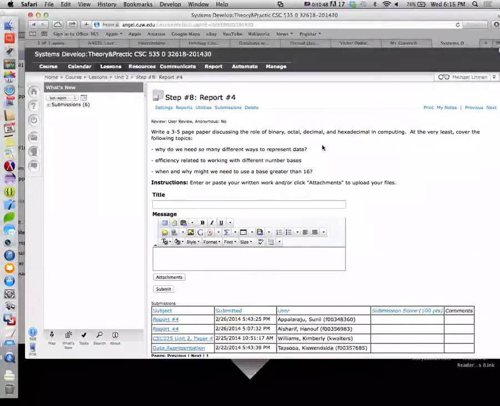Human beings demand convenience, and human beings demand performance at the same time, right? We want our computers to be fast, but we don't want to have to work hard for it to do that. So there's all this mapping that goes on in between. And the number systems are very similar to that. When a human being is dealing with a computer, we're dealing with it in base 10. That's how we interact.